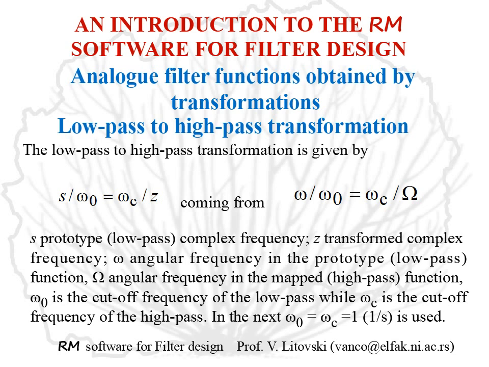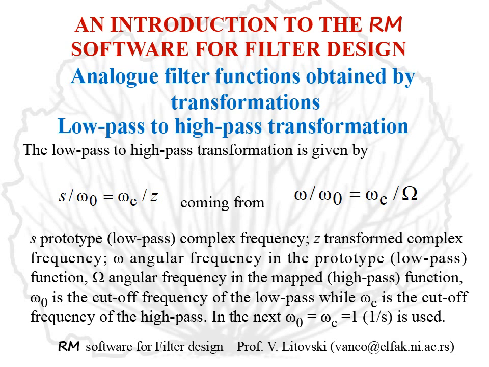Now we go to the low-pass to high-pass transformation, which is given by the following expression. Here omega c is the cutoff frequency of the high-pass filter on the lower edge of the passband, and Z is the new notation for the complex frequency in the S domain to distinguish it from S only. It stems from the original on the omega axis.